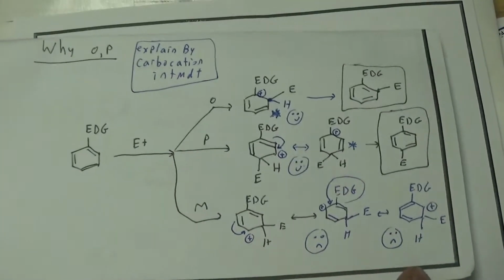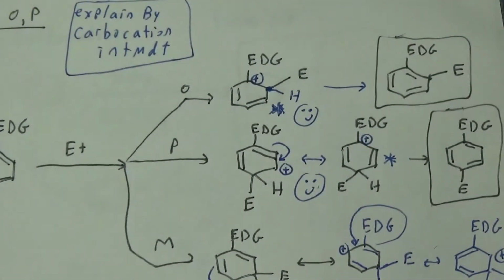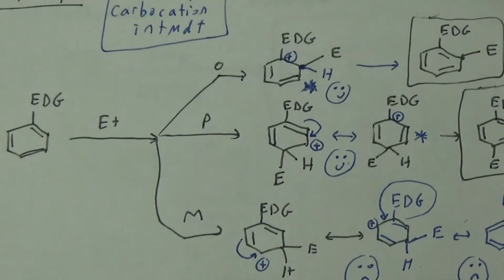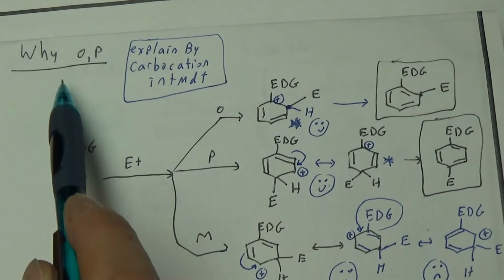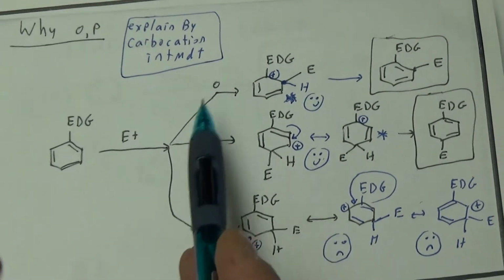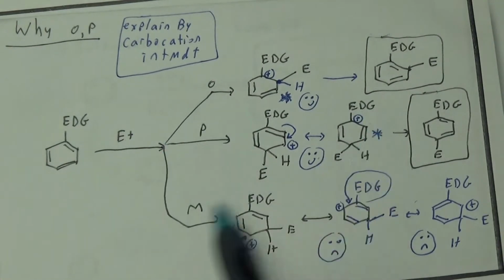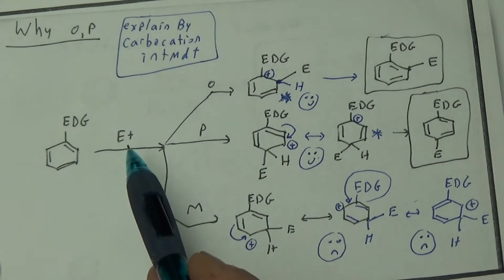The other thing was, I'm going to show this again and step through it briefly. We showed this really cool diagram where we talk about an electron donating group, and those are ortho-para directors. Everything is explained by the carbocation intermediate.